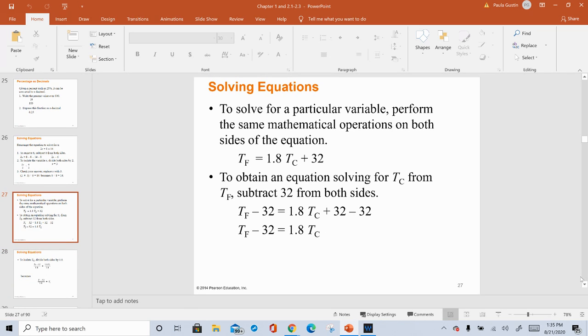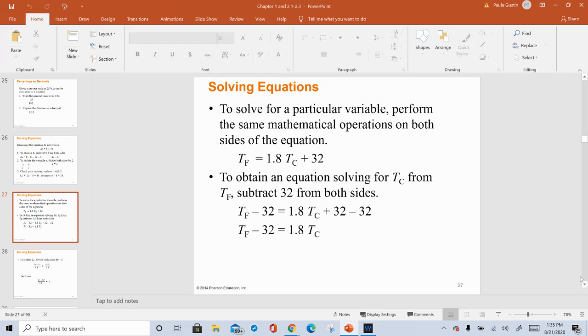Okay, take a moment and try this one: temperature Fahrenheit is equal to 1.8 times temperature Celsius plus 32. Solve for temperature Celsius. You can pause me.